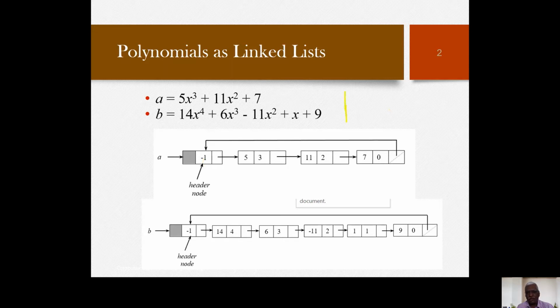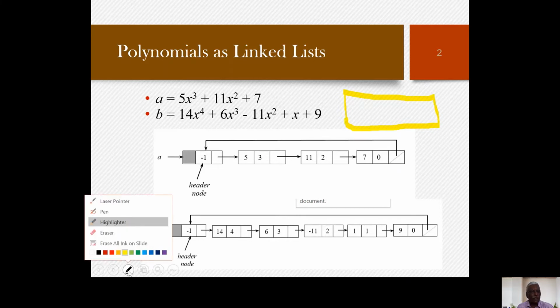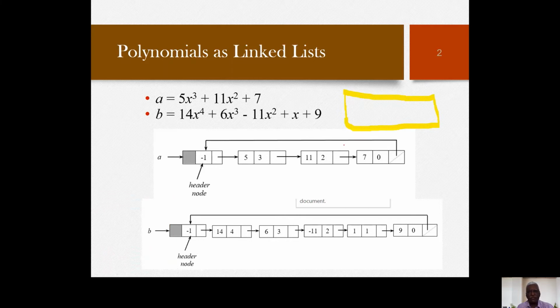My term here for the polynomial has 2 info fields. The first one is this, the second one is this. This is our next field as usual. So what is this first field?